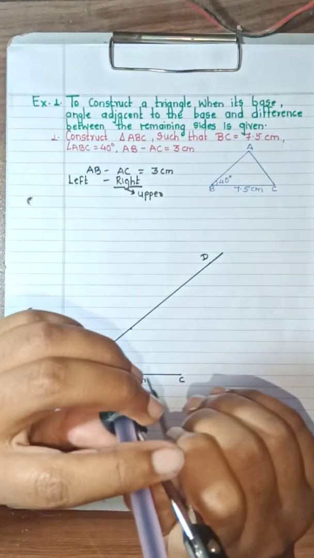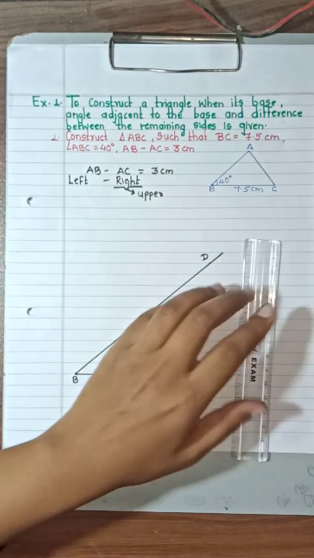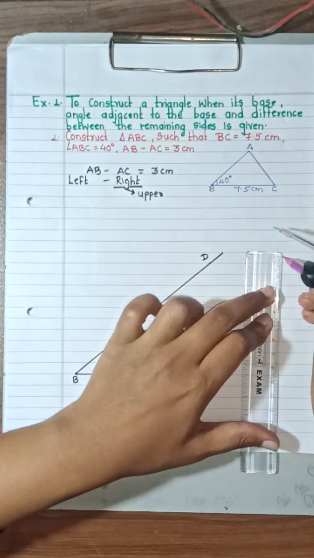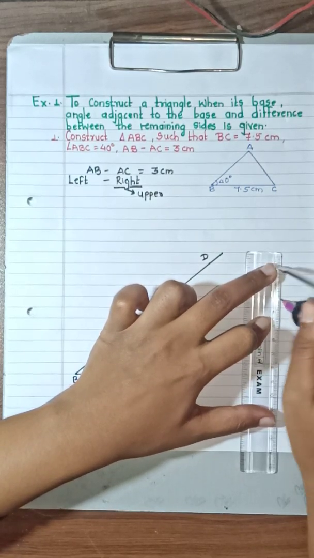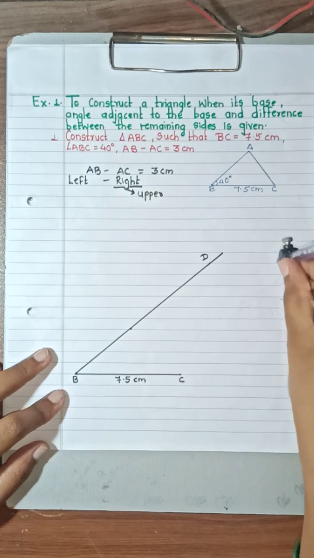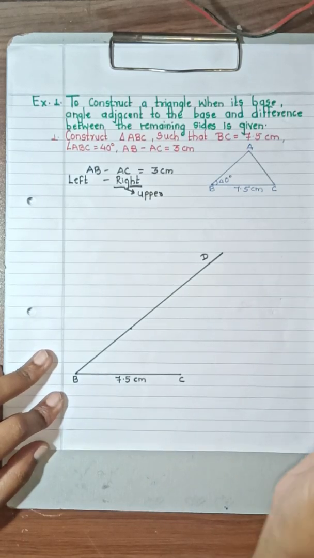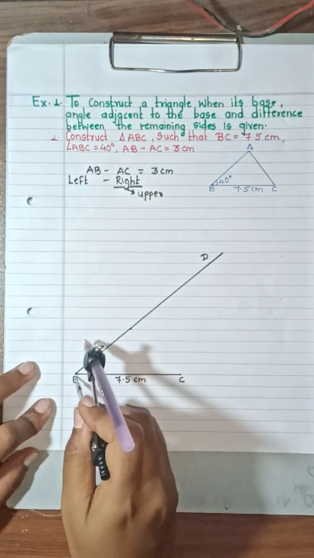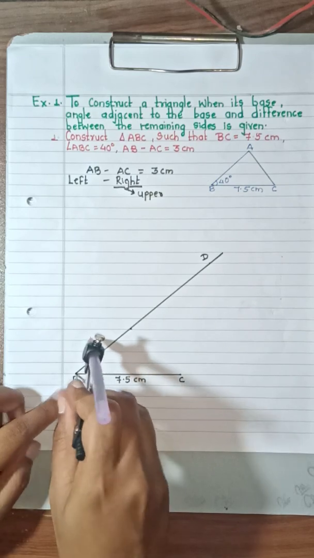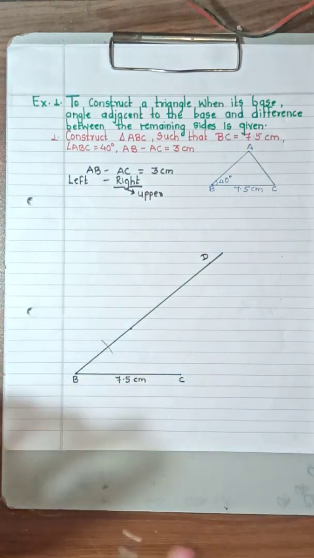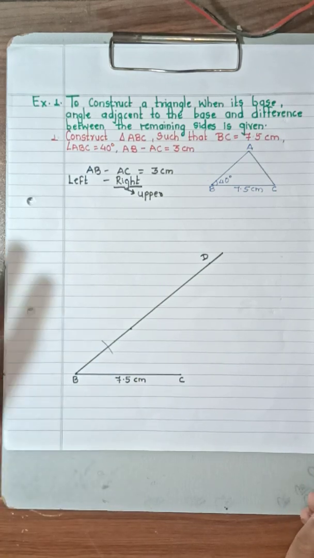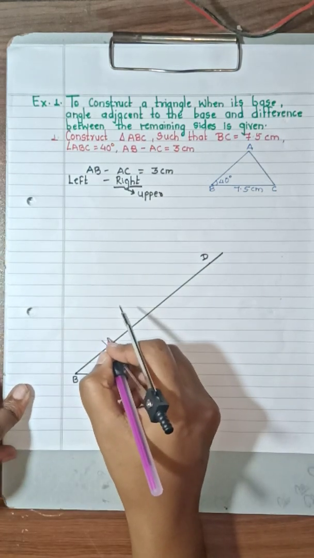So I'll take a distance of 3 centimeters in my compass and mark it over here. I'll keep the pointer at point B and mark an arc. Now I'll name this point E.